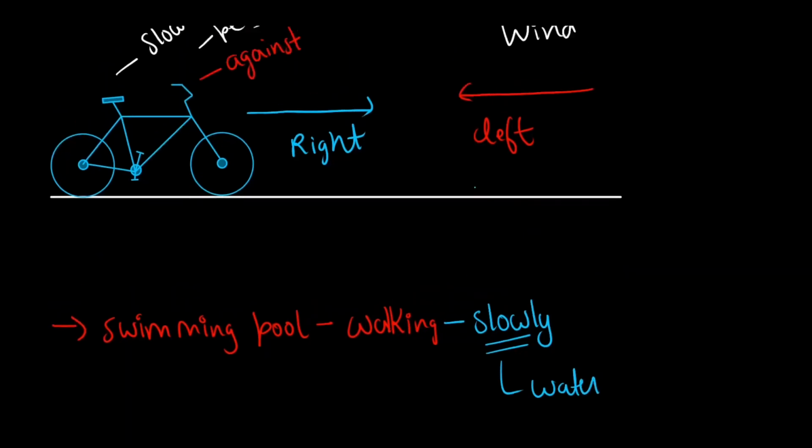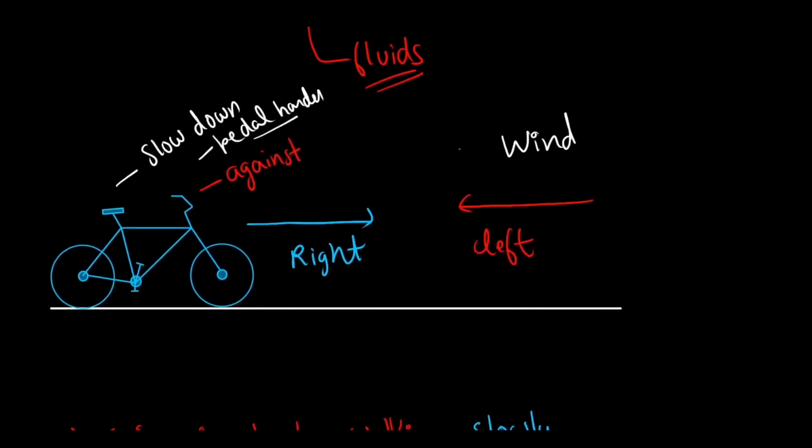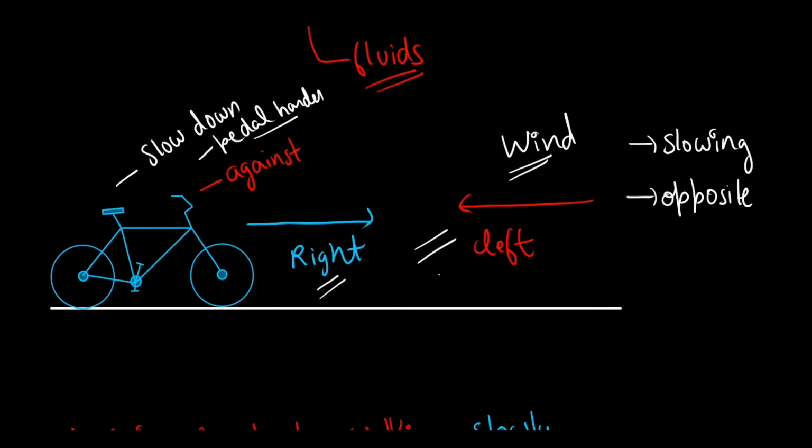Now let's come back to the first example. So over here, if you take a look, wind, my friend, is slowing our bicycle down. And wind is also acting opposite to the direction in which the bicycle is moving. The bicycle is moving towards the right and wind is blowing towards the left.